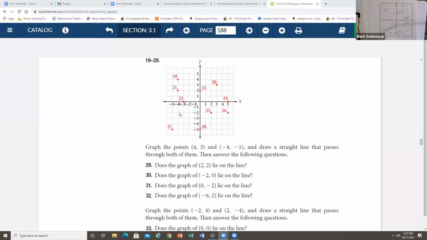Number 23, what would be the x coordinate? -3. What's the y coordinate for number 23? 0. So number 23, that point would be -3, comma 0. Not 0, -3. It would be -3, comma 0. X coordinate first, then y coordinate. Okay.